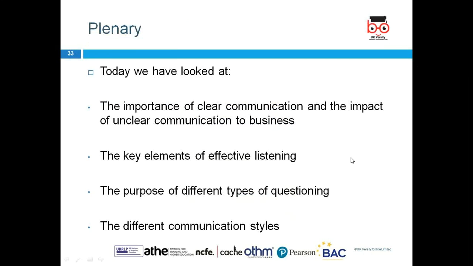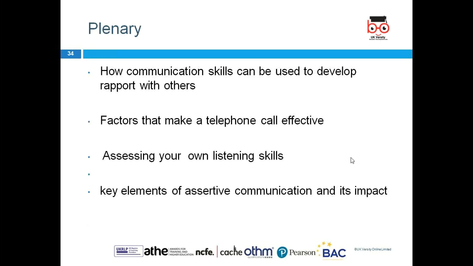So in total, we've looked at quite a lot of things today. We looked at the importance of clear communication and the impact of unclear communication, elements of effective listening, the purpose of different types of questioning, the different communication styles, how communication can be used to build a relationship or rapport with others, and how to make a telephone call effective.